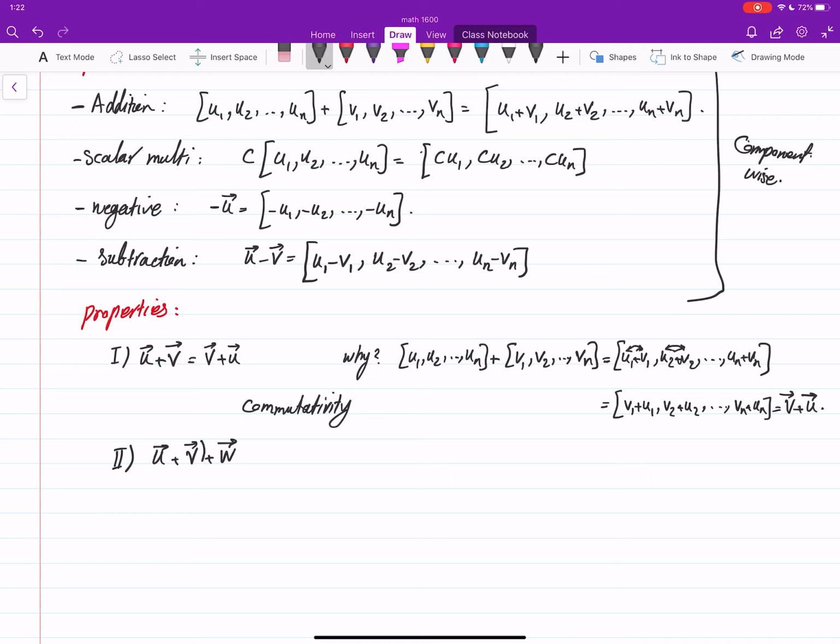Very nice, we can do this. But how about if someone comes and does it the other way around, another grouping? So, for example, they do this first. Would these give us the same result? And the answer is yes. This is called associativity.